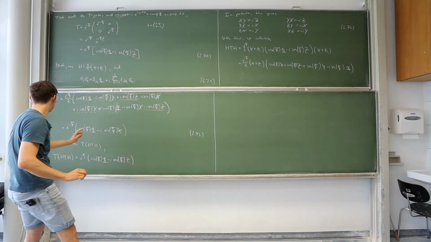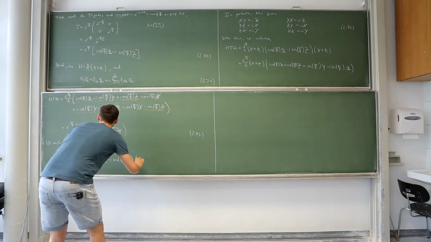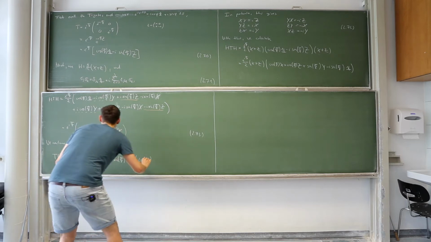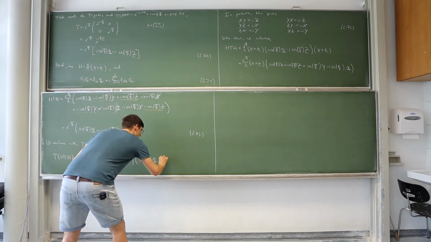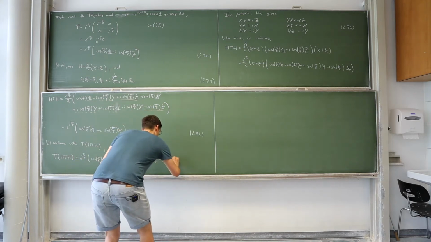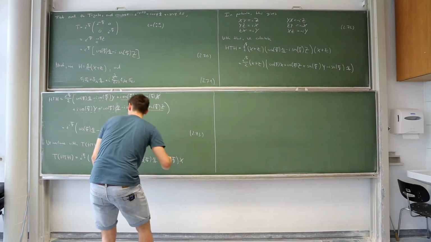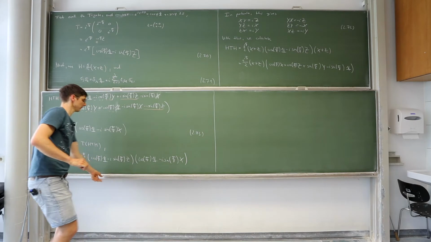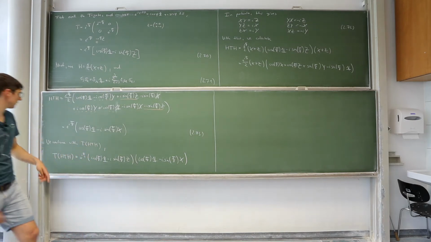And we multiply it with this one here, so we get cosinus pi over 8 identity minus I sinus pi over 8 x. Okay, again, let's multiply this out.